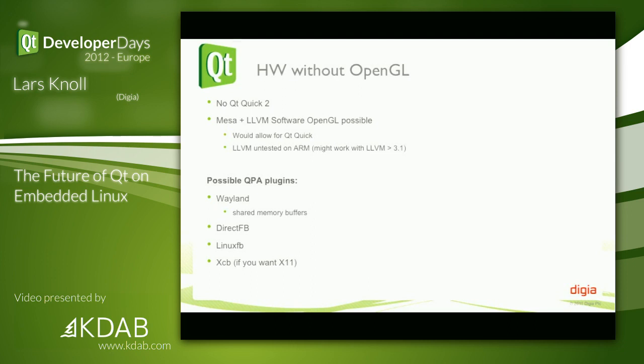Otherwise, everything else, QWidgets, everything works. And the plugins you can use are Wayland, which works just fine without any OpenGL, using shared memory buffers for the surfaces between the compositor and the client apps. There's a DirectFB backend that works without it, LinuxFB, and XCB if you want X11. So those are the possible options you have in this world.